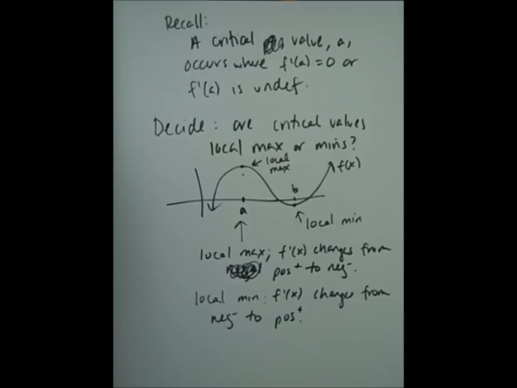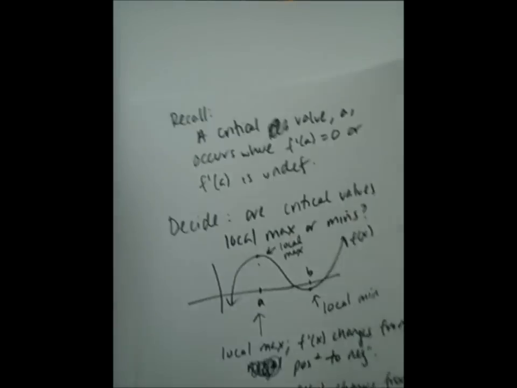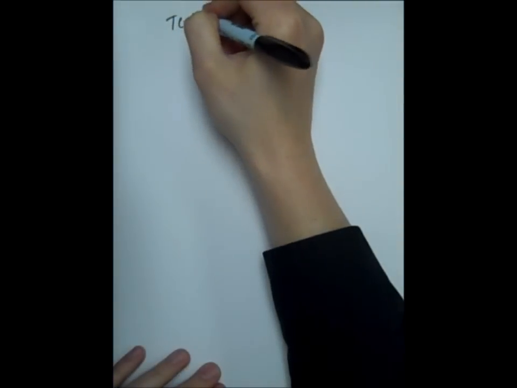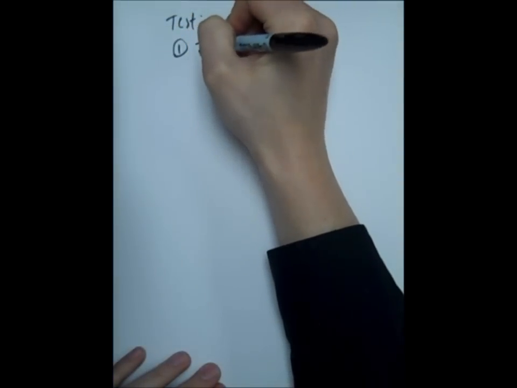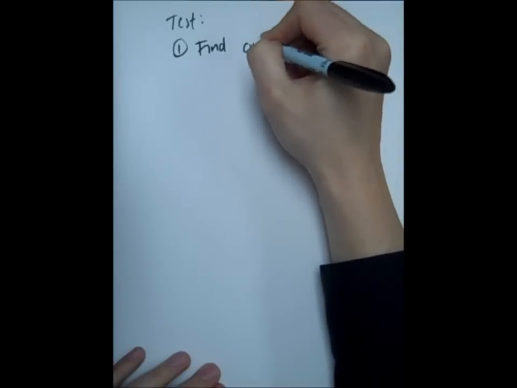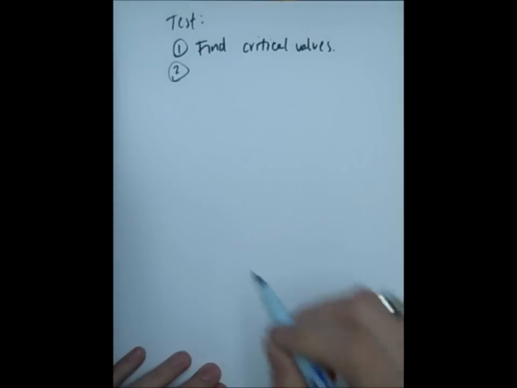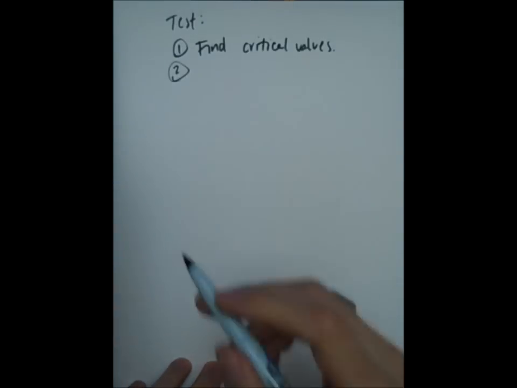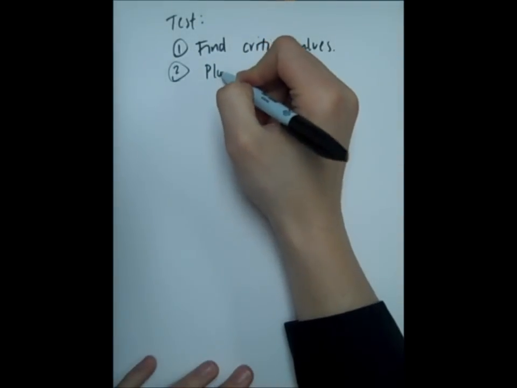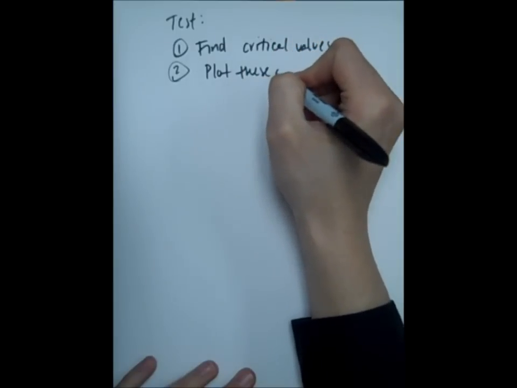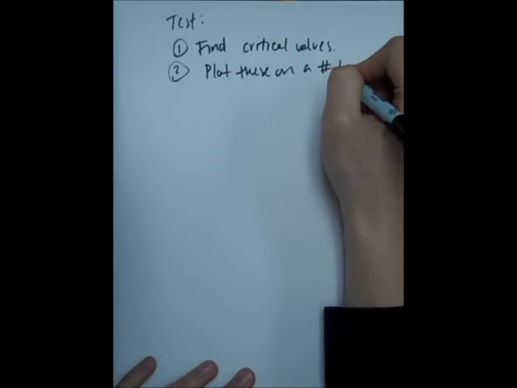So if we want to decide if critical values are local maximums or minimums, we're going to test what happens to the derivative. Does it go from positive to negative or negative to positive or neither? So here's the test. Step one is we're going to find the critical values, by looking where the derivative is 0 or undefined. Next, we're going to plot these on a number line.